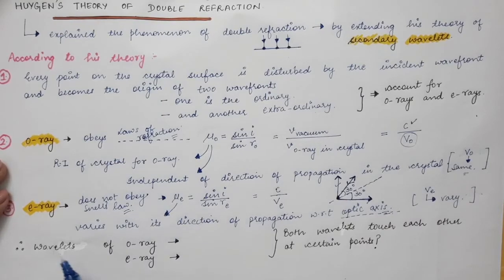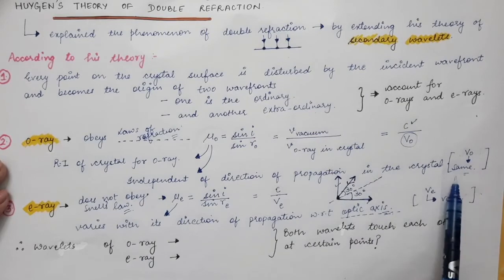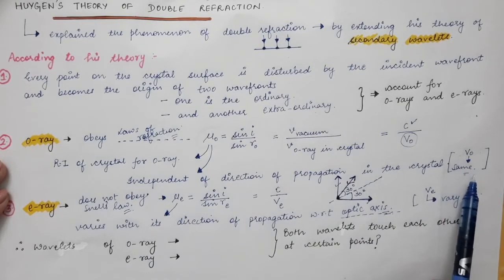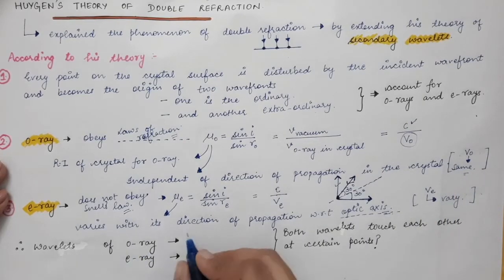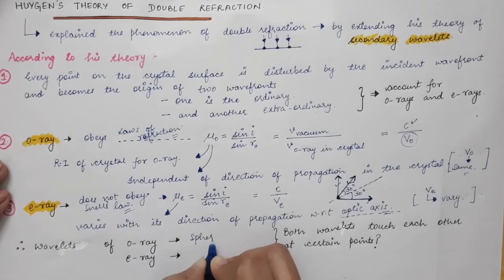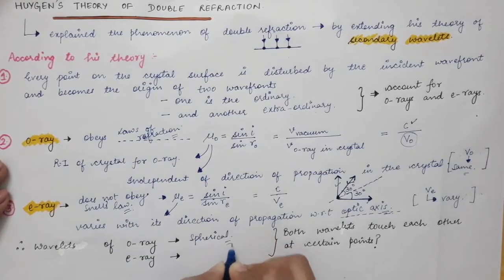So for the wavelets in the case of O-ray, we have said that the velocity of O-ray is the same in the crystal regardless of its direction of propagation. So for the O-ray, the wavelets are spherical in shape, whereas for the E-ray, the wavelets are ellipsoid.